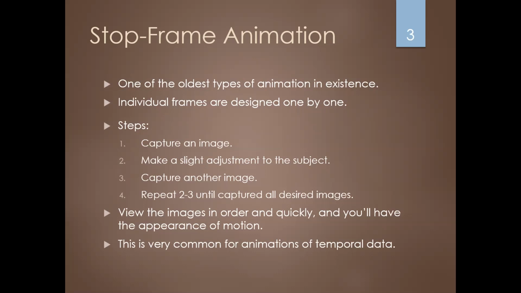You repeat steps 2 to 3 until you have captured all designed images. Each image is considered a frame. A frame is a terminology used in animation to address a static image. You view the images in order and quickly, and you will have the appearance of motion.